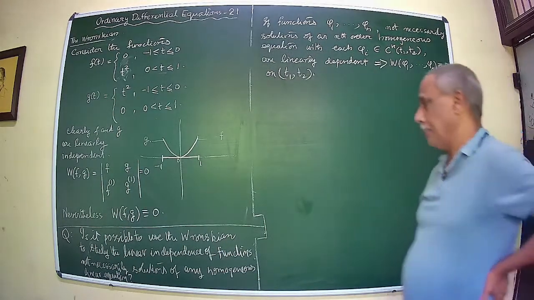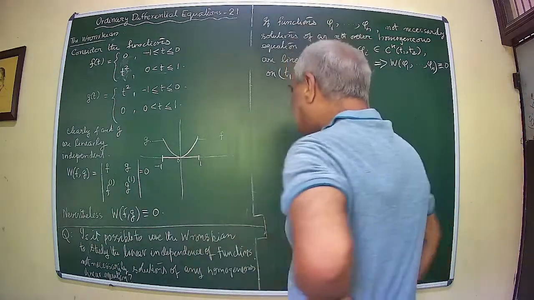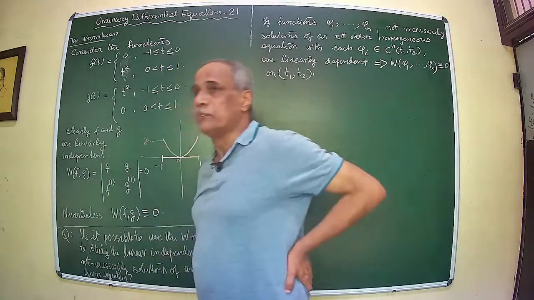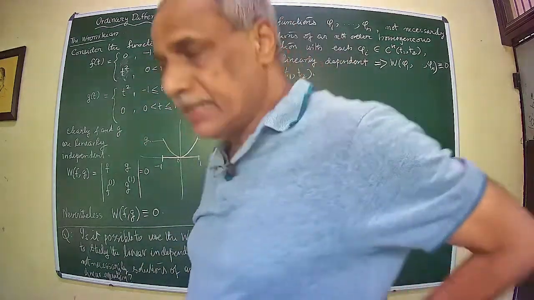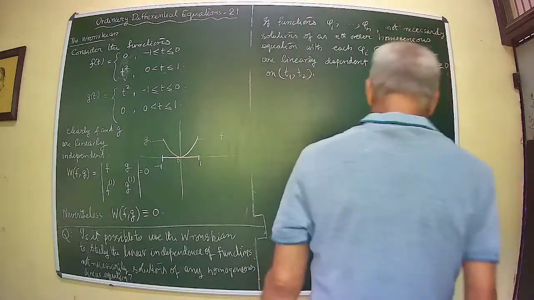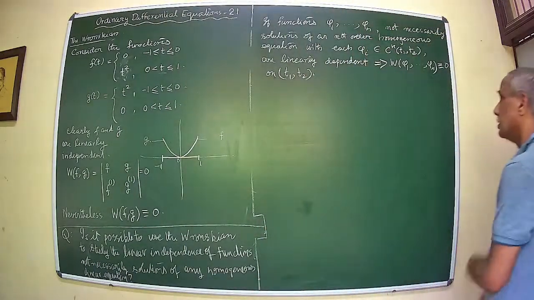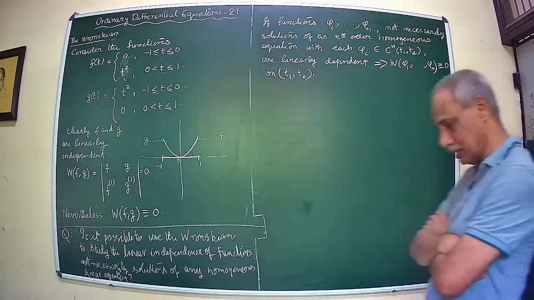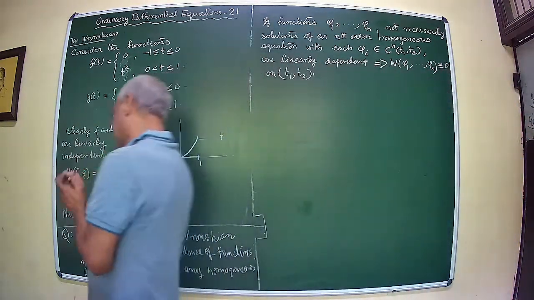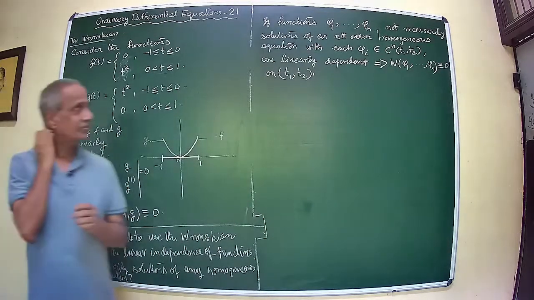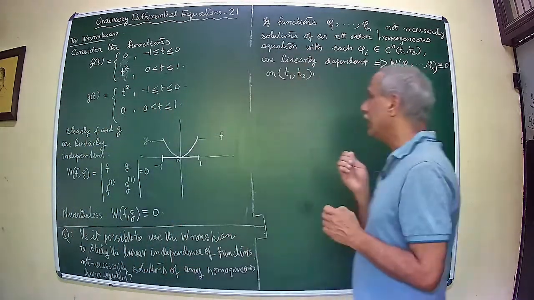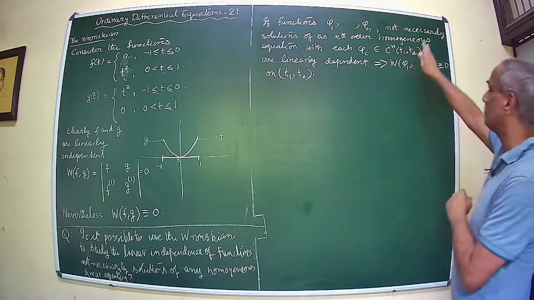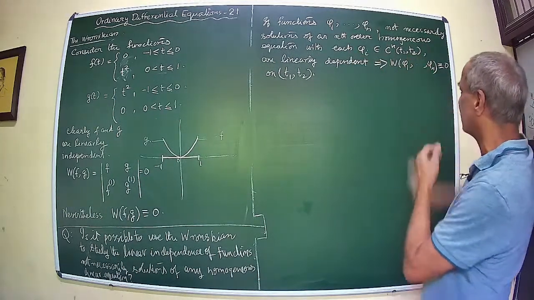So what does it say? When these functions are linearly dependent, then necessarily the Wronskian of phi 1, phi 2, etc., phi n is identically equal to 0. You can conclude both ways if they are also solutions of this.